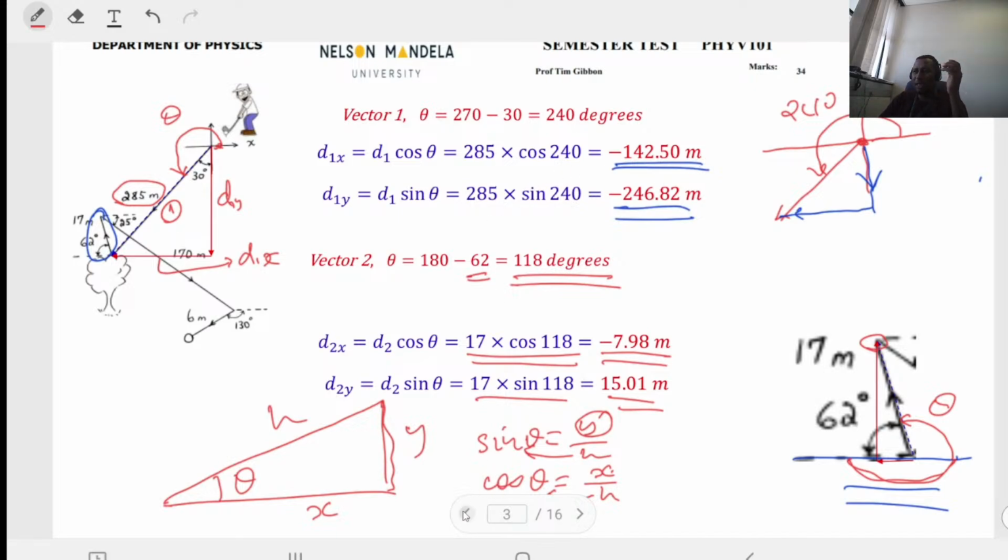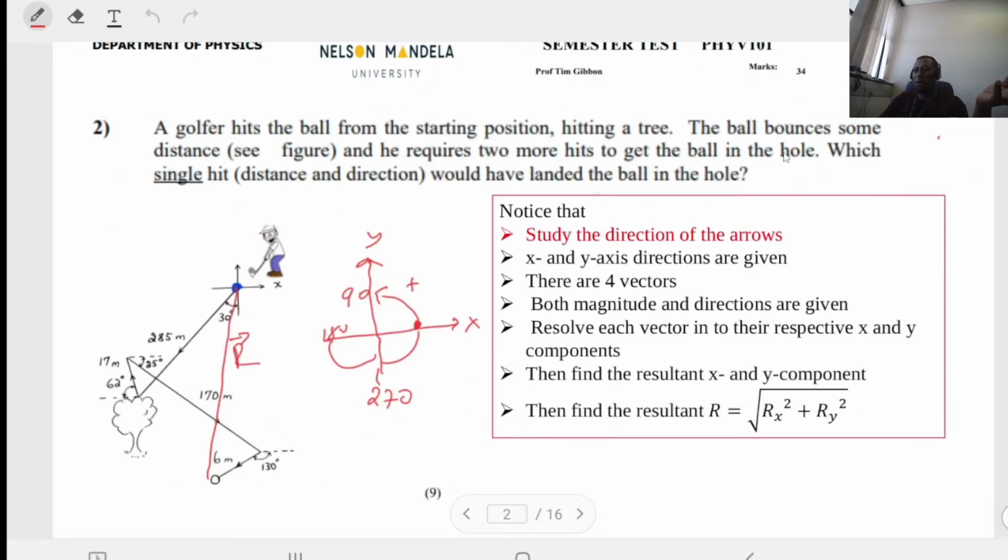Lecturers also, they didn't tell you. Here, nobody told you that your answer must be within these decimal places or these significant figures. But the rule is, even if the lecturer didn't imply it, you have to express your final answer based on the least significant figure you had in your calculation. In this case, it's 1.